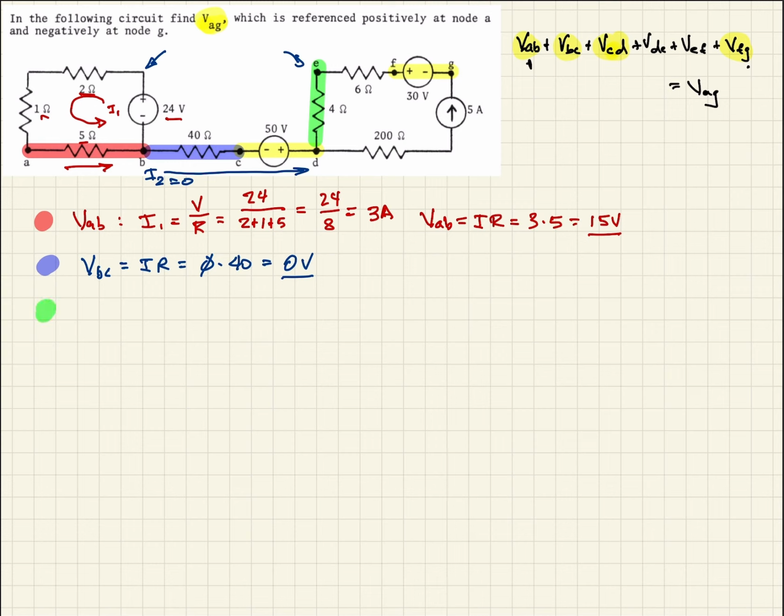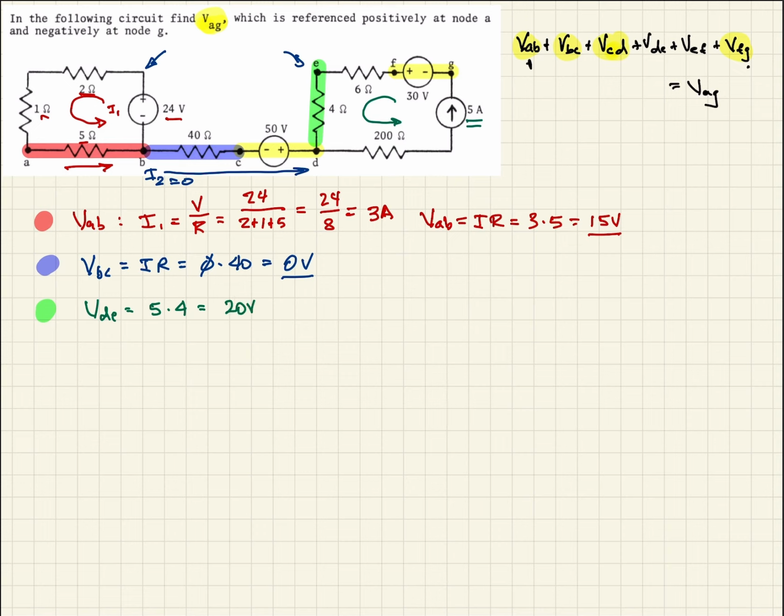Now we want to look at this leg here. Again, we need to determine what this current is, but we already know it because we have a current source. All that current must travel through that loop because it has to circle around. We know the resistance, we know the current, so VDE should be equal to 5 amps times 4 ohms, which gives us 20 volts.